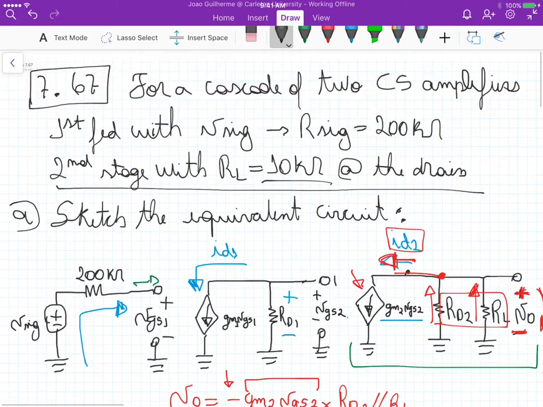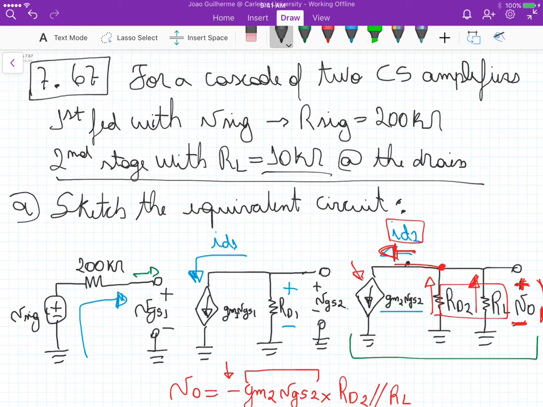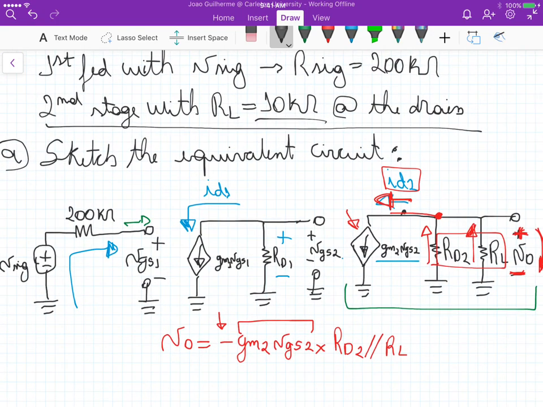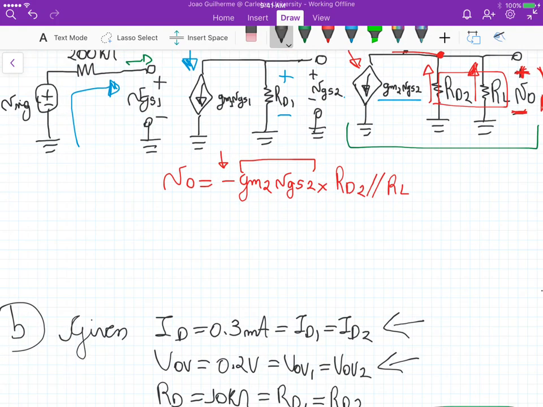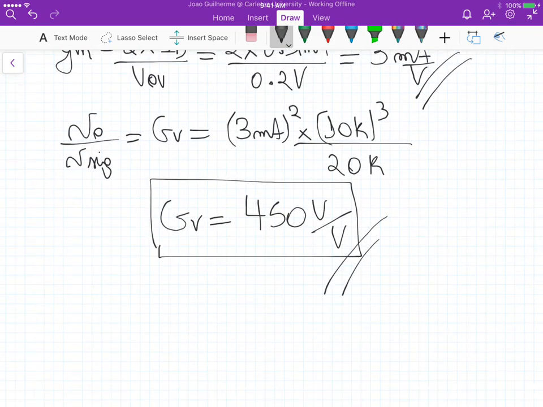But because we are cascading two common source amplifiers, the first stage gives us a negative gain, and the second one gives us another negative gain based on the output voltage of the first stage. So we basically have an overall positive gain, and in this case of 450 volts per volt.